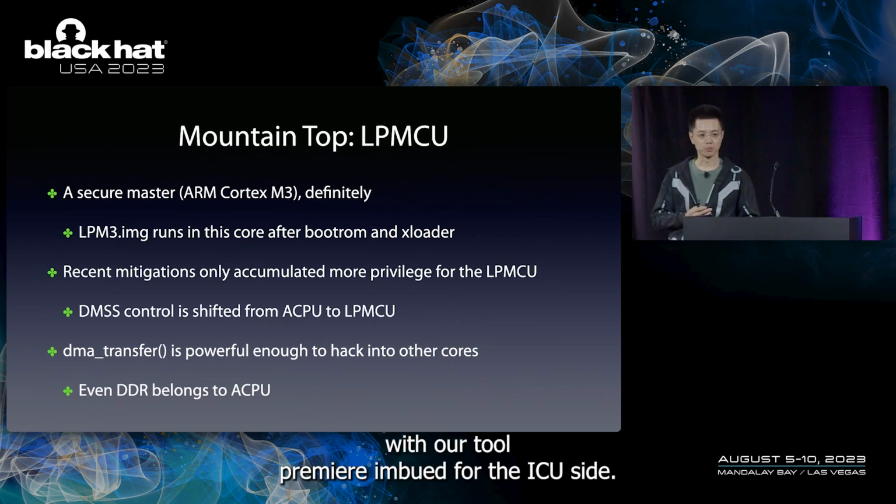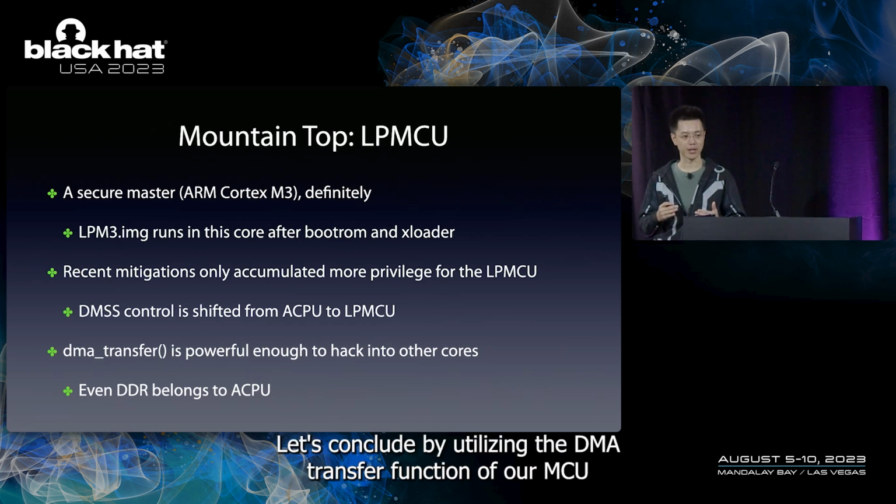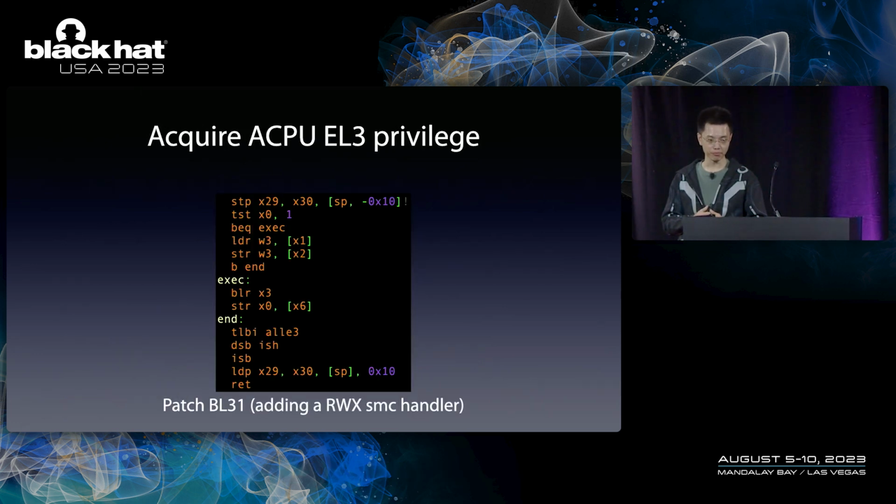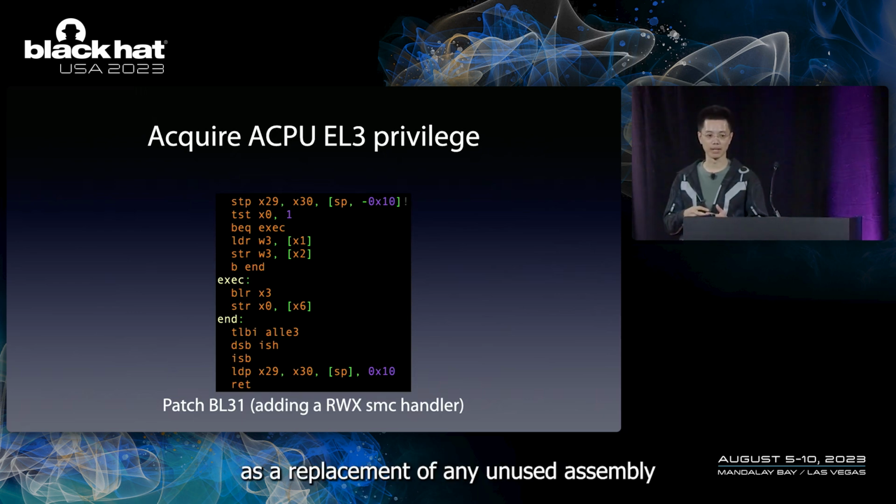With our tool primarily built for the ACPU side, let's conclude by utilizing the DMA transfer function of LPMCU to patch the BL31 running on the ACPU side. We will add a RWX wrapper as a replacement of any unused SMC handler within BL31.